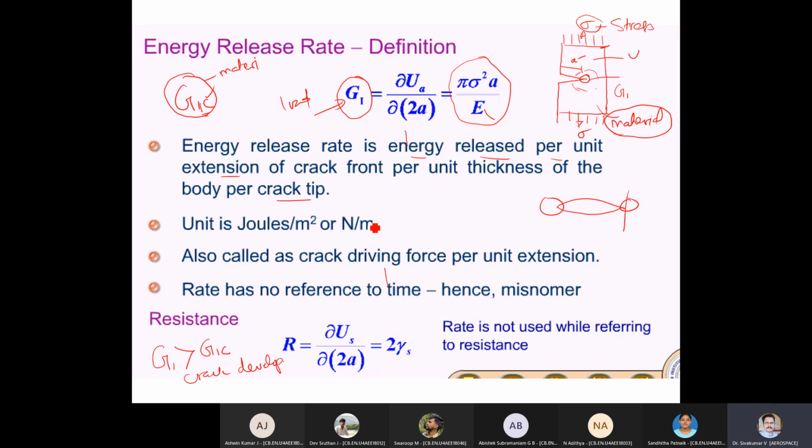So energy release rate unit is Newton per meter. Then the resistance. What is resistance? When the crack is supposed to move, there should be some resistance offered by the material. This is the carrying capacity. G1c is the capacity at which it will tear, it will break.